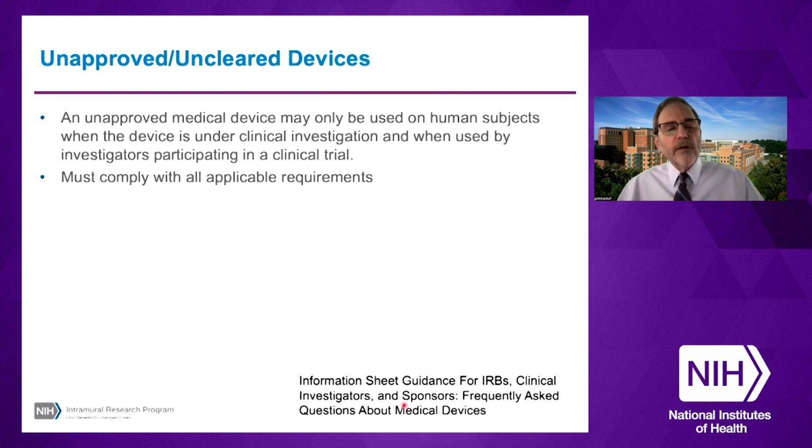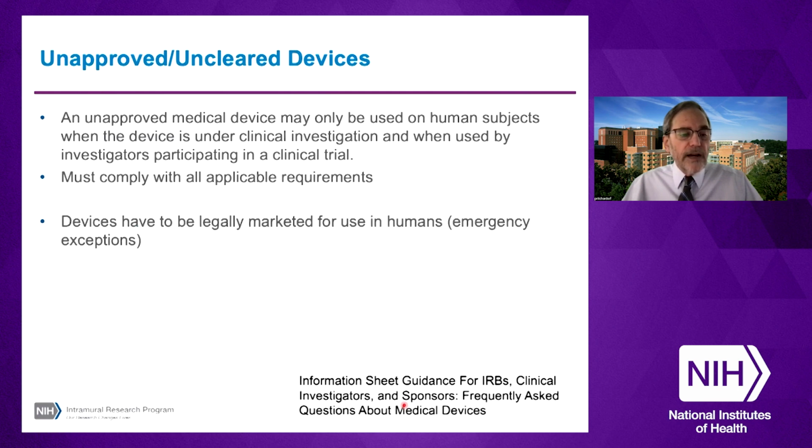So we've talked about devices that are legally marketed. So I want to also specifically note that an unapproved medical device can only be used on human subjects when the device is under clinical investigation and when it's being used by investigators participating in the clinical trial. The investigators must comply with all applicable requirements. So devices have to be legally marketed for use in humans.